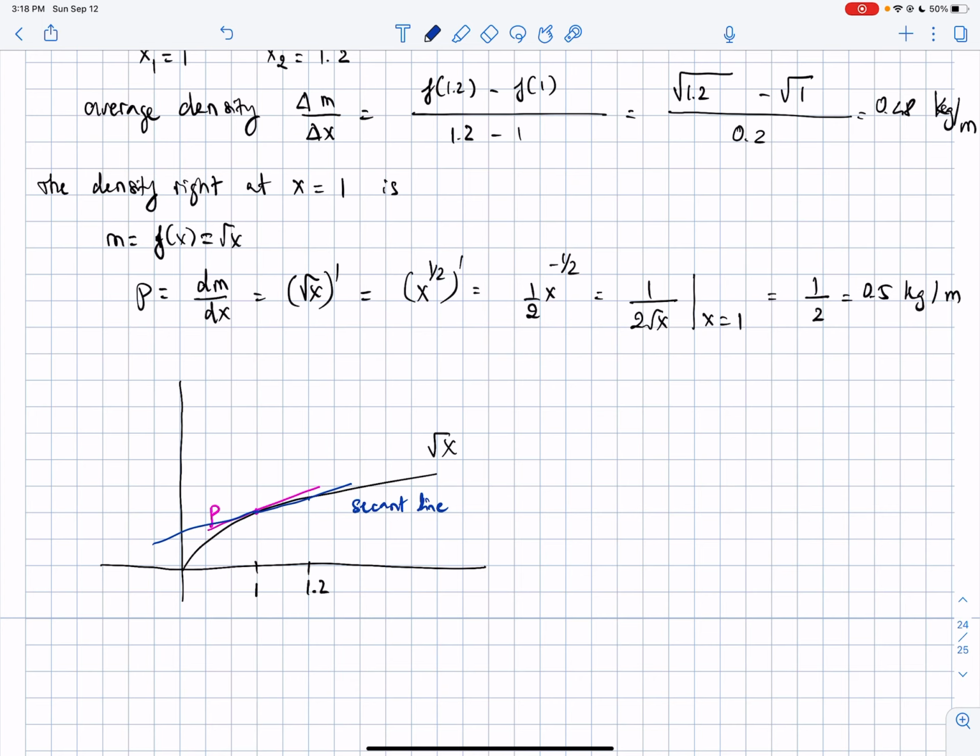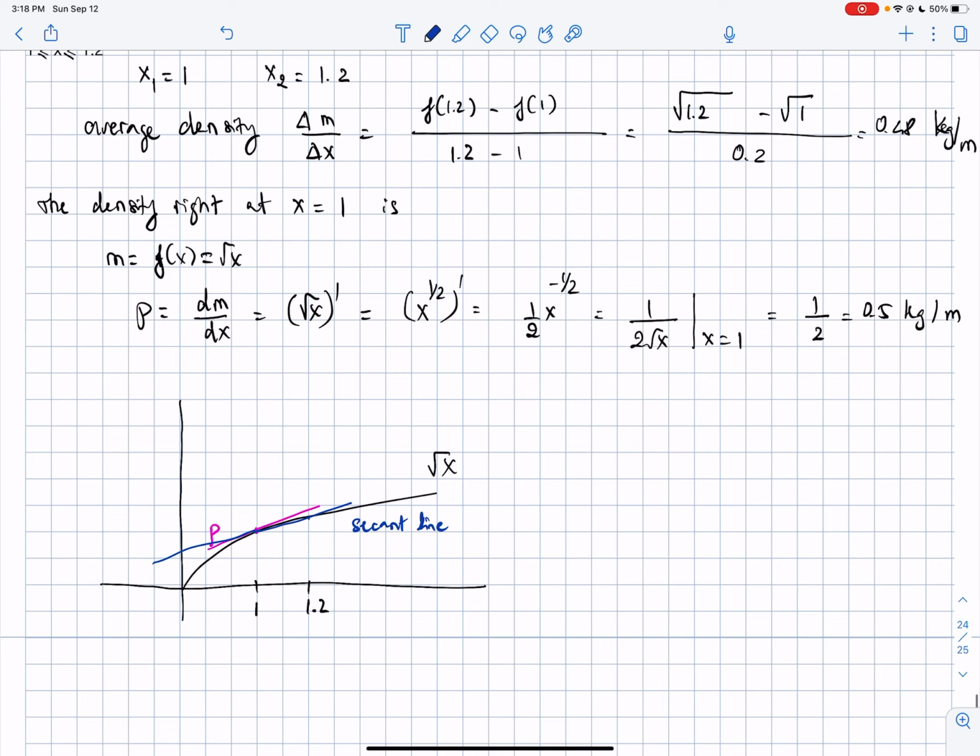So that's why it shows the difference, because the difference between the 2 points is 0.2. The average density is the slope of the secant line, but the density right at x equal to 1, when we take the first derivative, gives us exactly the slope of the tangent line. So it will be a more exact answer than the average density.